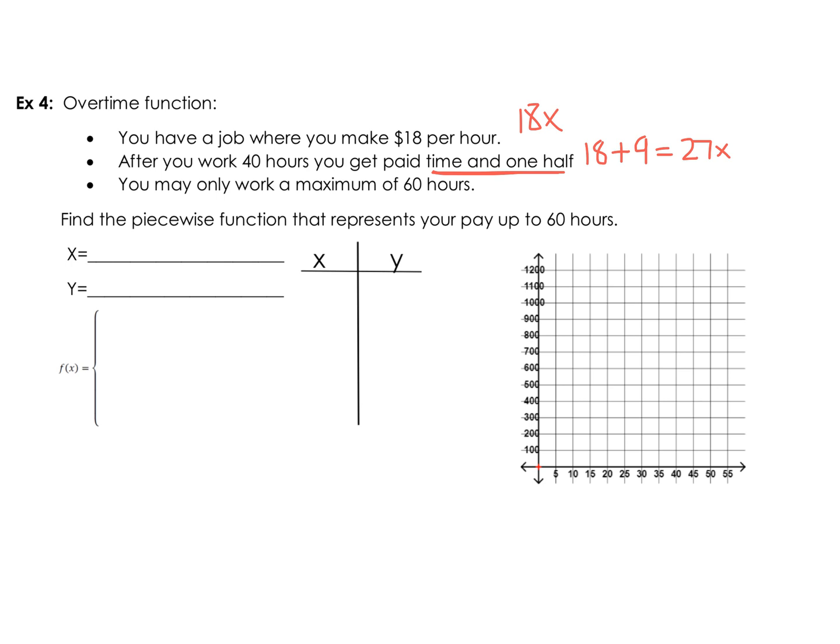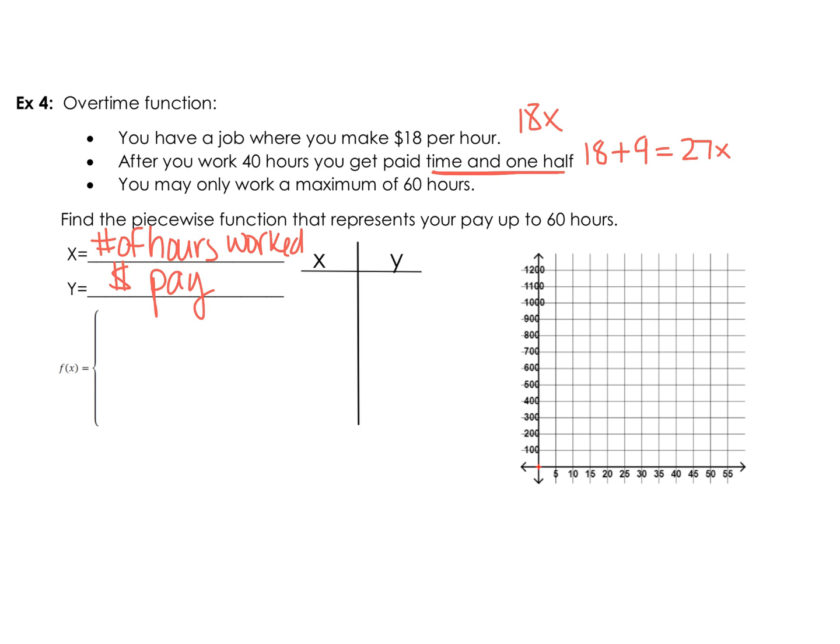So let's go ahead and identify what our variables are. X is the number of hours worked. And then Y is your pay. Okay, so let's go ahead and make a table of what this is going to look like.